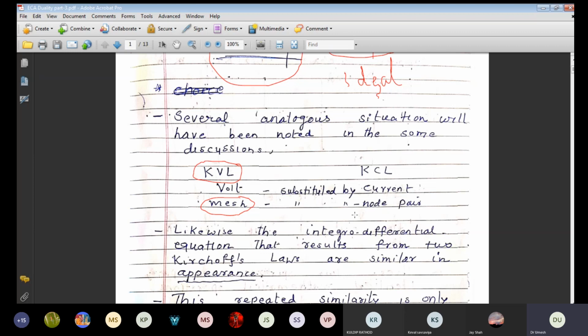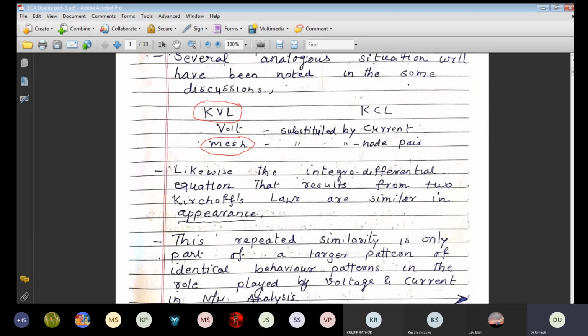Kirchhoff's current law can be used in node analysis, if we want to find node voltages. If we want to find the mesh current or loop current, then we have to use Kirchhoff's voltage law.